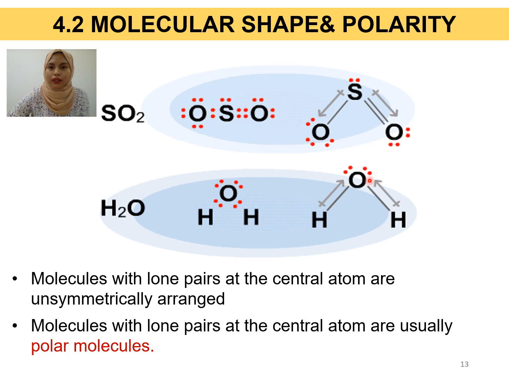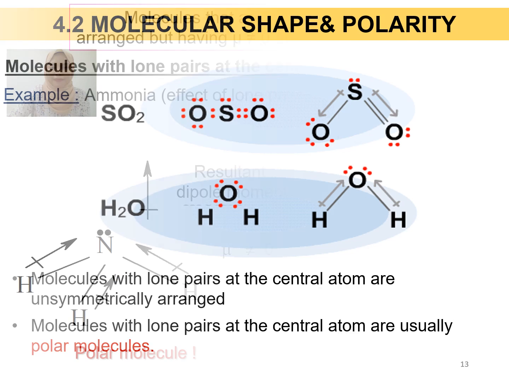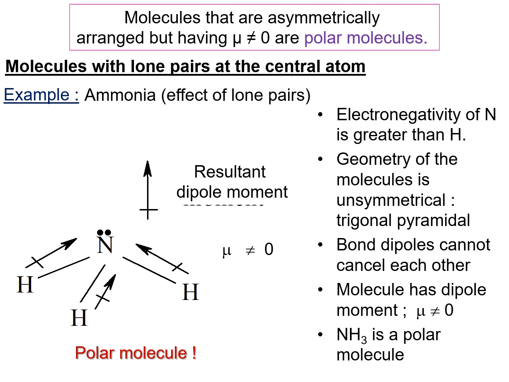So kalau kita ikutkan flowchart tadi, unsymmetrical shape akan always be a polar molecule, kebanyakannya lah. Okay, for example, kalau let's say you ada ammonia ataupun NH3. Bila you draw NH3, you will know that N ni adalah central atom and dia ada lone pair ke atas.